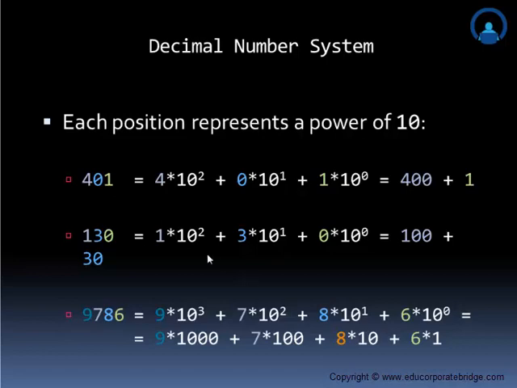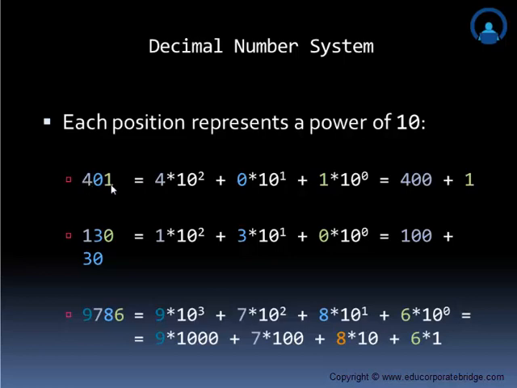We consider the bit 1, this one, as the LSB, the least significant bit. We consider its position as the 0th position. The 0, which is to the left of 1, we consider its position as the first position, and this 4, we consider its position as the second position.